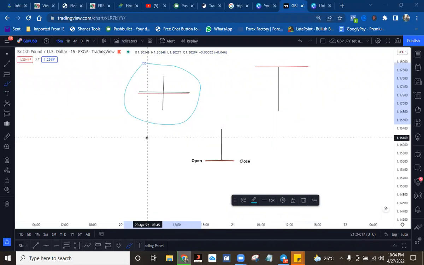So the second candlestick that we've got is the dragonfly doji, which is this one. Now the dragonfly doji is a bullish signal, and it's very effective if you find it at the end of a downtrend.